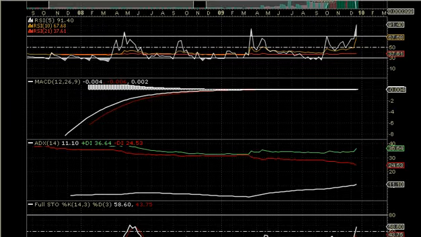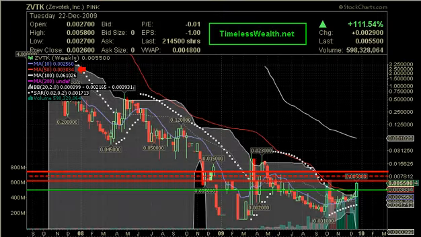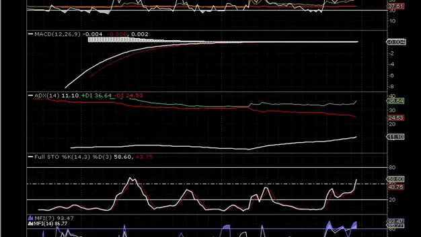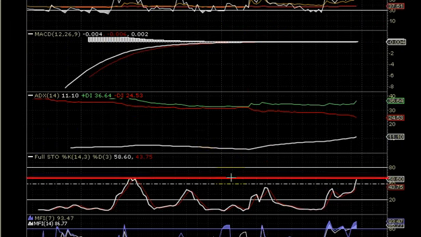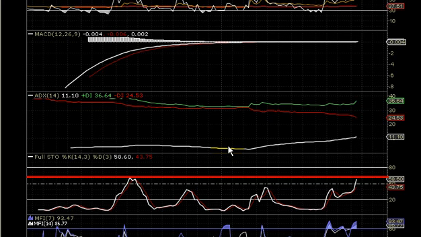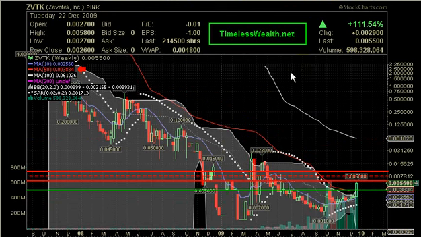The second indicator I want to focus on, just let me grab a trend line here, is the full stochastics. I know a lot of momentum traders look for this, and as you can see, I believe as full stochastics breaks above this resisting trend line, we will see further momentum continue to rush into ZVTK's market, and that would be indicated by the volume coming in, as we have seen these prior two trading sessions.